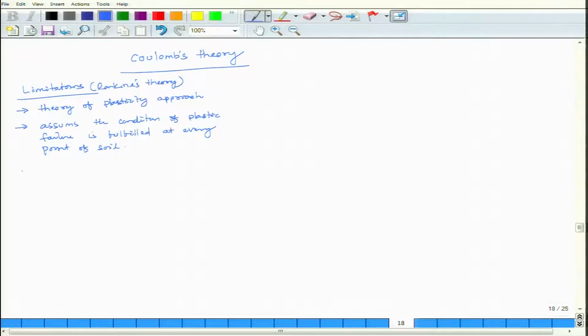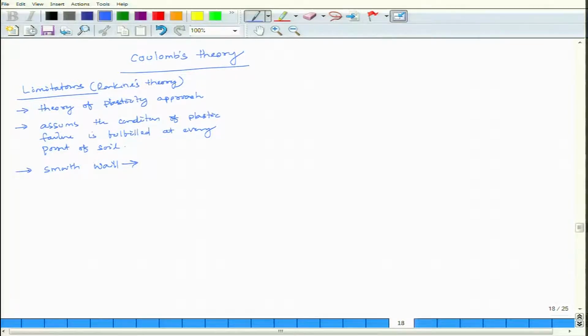Again, another one is smooth wall. What does smooth wall mean? That means friction between the wall and the soil is 0, that means there is no friction.